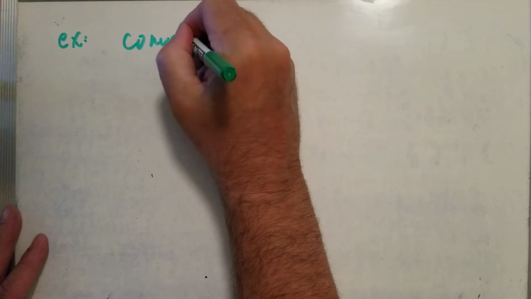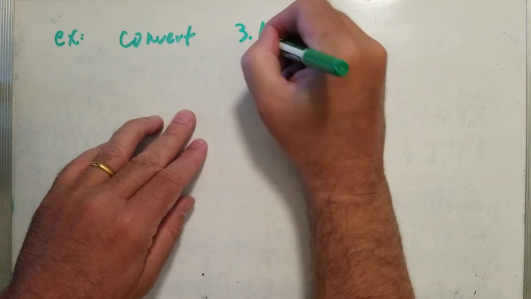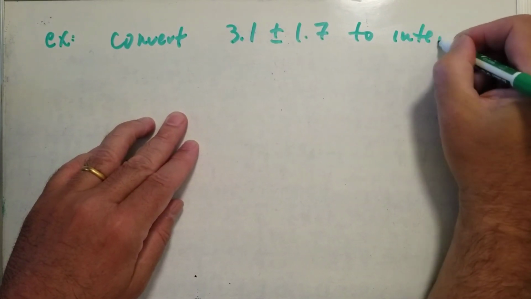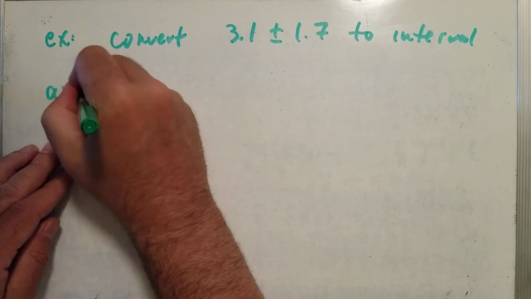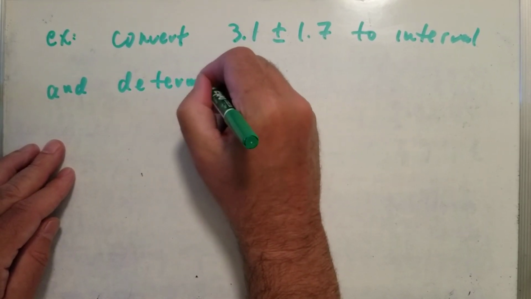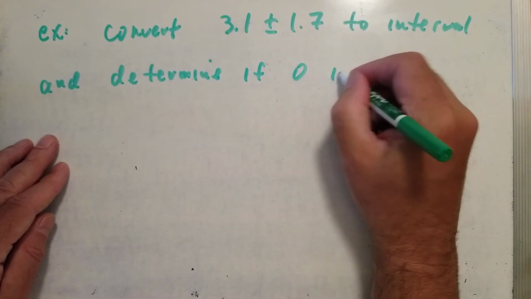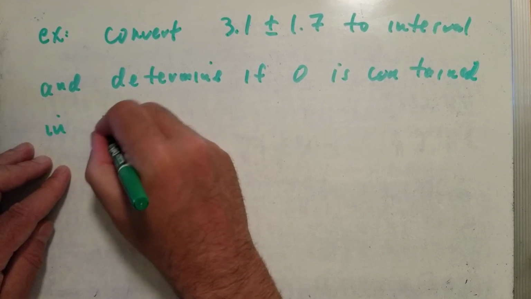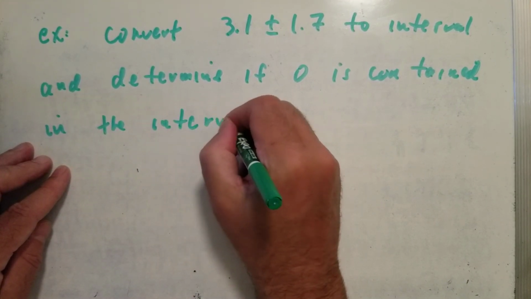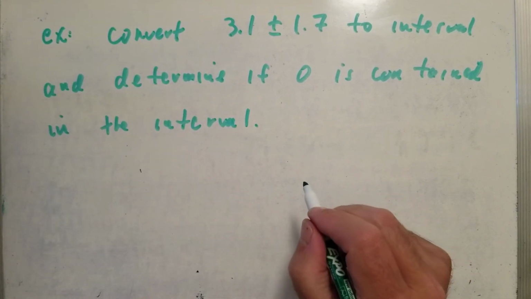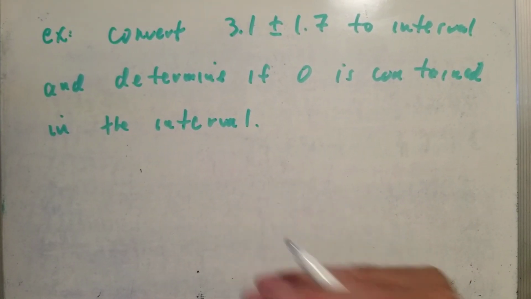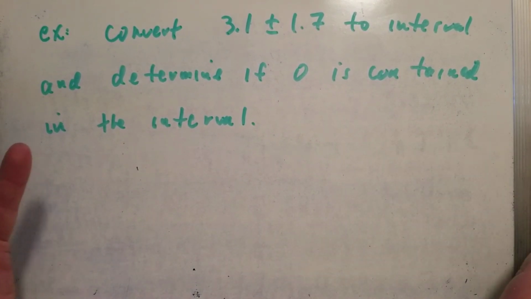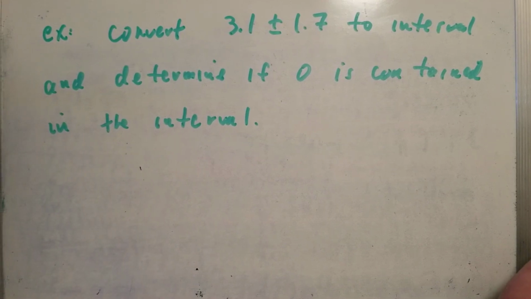Convert 3.1 plus or minus 1.7 to an interval, and determine if 0 is contained in the interval. Well, in the previous example where they gave us the interval and the lower number was negative and the higher number was positive, we could tell right away that 0 was contained. Now we're going to get the interval, and from there we'll figure out if 0 is contained.